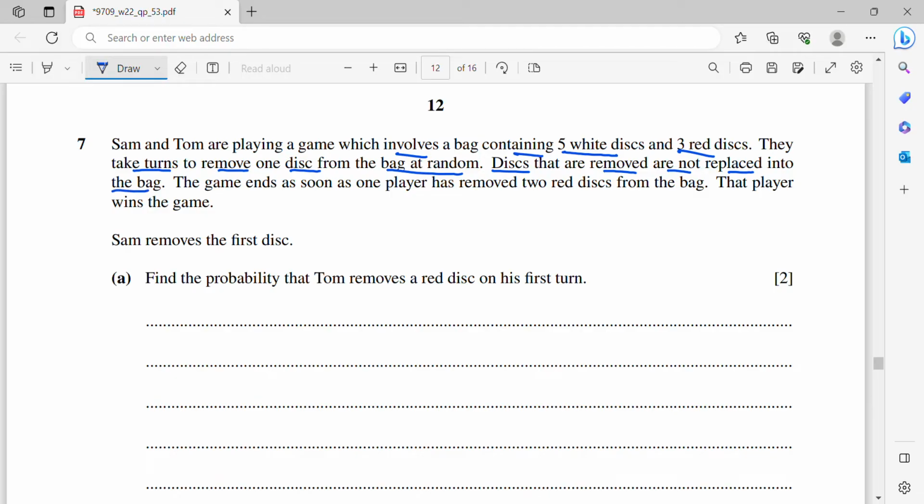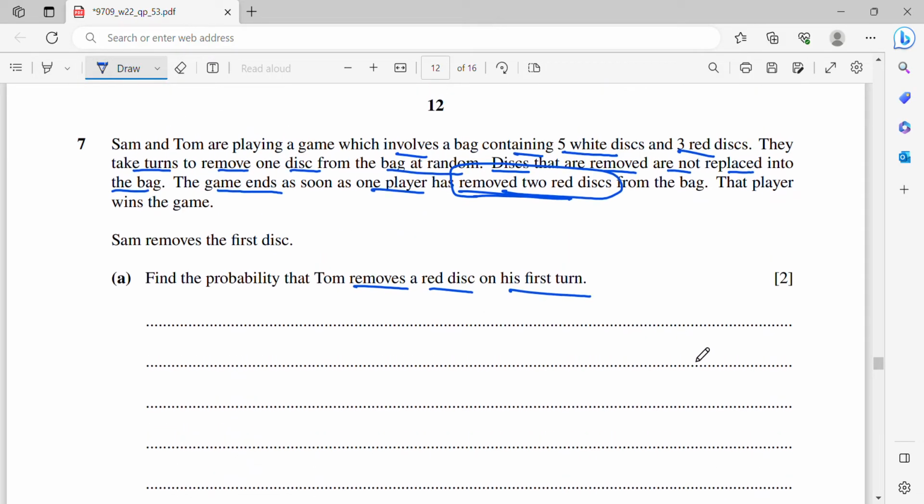Okay, no replacement. The game ends as soon as one player has removed 2 red discs from the bag, and that player wins the game. Sam removes the first disc. A. Find the probability that Tom removes a red disc on his first turn.